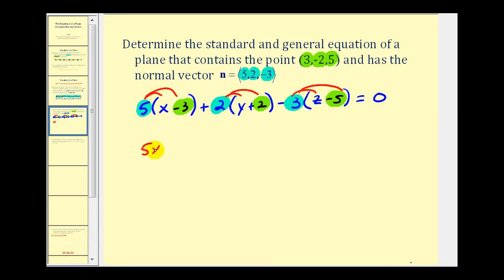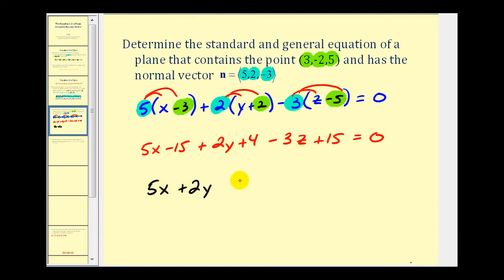So we'd have 5x minus 15 plus 2y plus 4 minus 3z plus 15 equals 0. So we're going to have 5x plus 2y minus 3z, and the constant term is going to be negative 15 plus 4 plus 15. That's going to give us positive 4 equals 0.